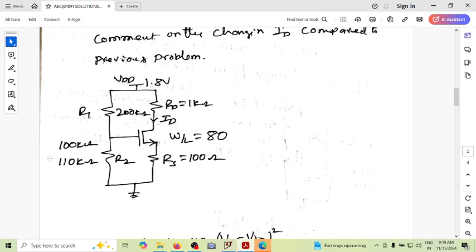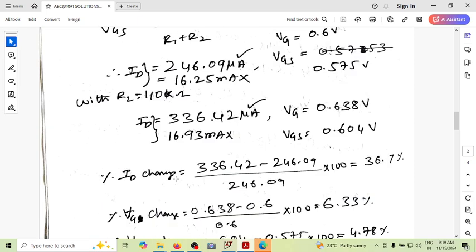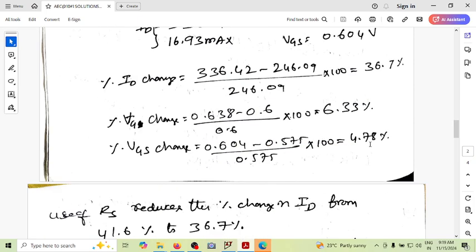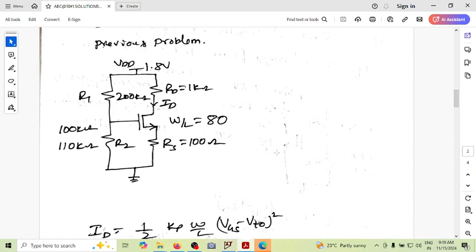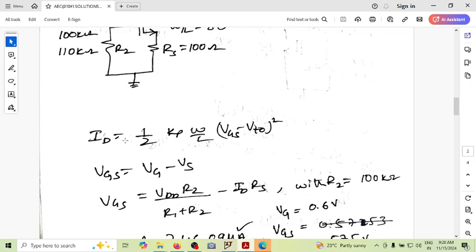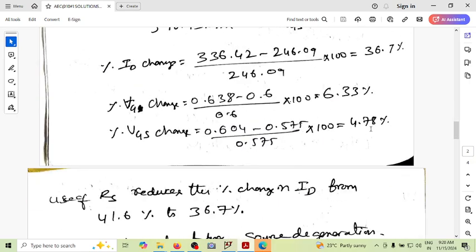Whenever this value changes by 10%, you have a 6.33% change in VG, but VGS changes by a lesser percentage. So VGS changes by hardly 4.78%. The advantage or the importance of looking at this RS is, whatever change happens here, due to the presence of this RS, the change in VGS is not 6.33% as it was in the earlier case, but it has reduced to 4.78%.